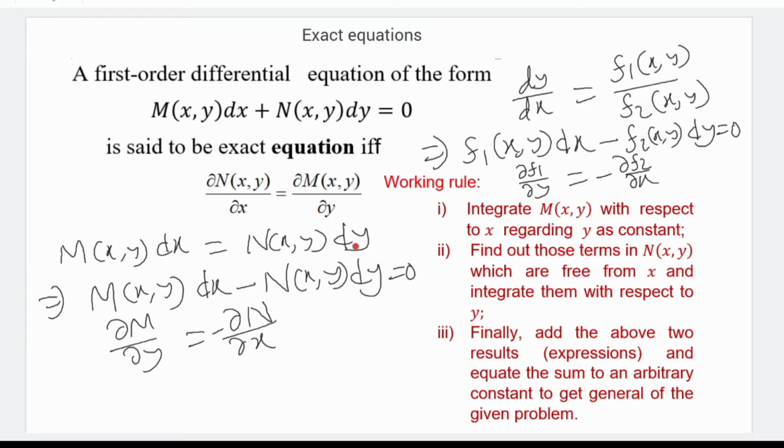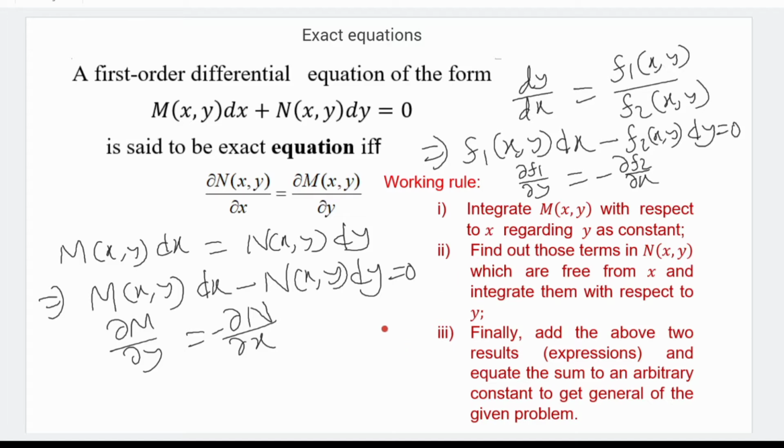Now we will discuss how to find the solutions. Here I give you the working rules. In step 1, we choose M, then we integrate this M with respect to x, where we consider y as constant.